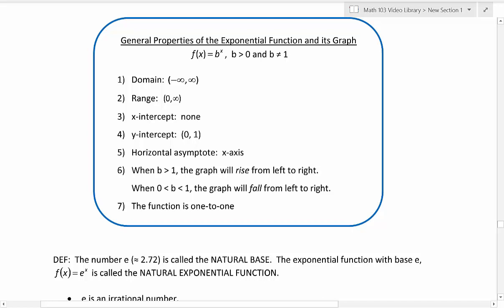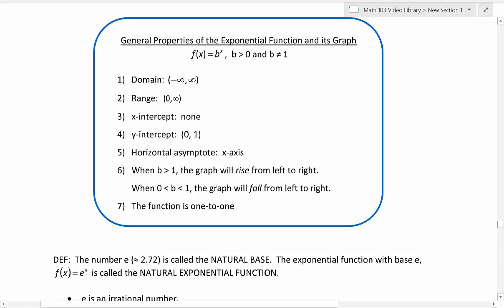The graphs of these exponential functions do not have an x-intercept. Since the range is only positive numbers and the x-intercept happens when y is equal to 0, this is never going to happen. In fact, there's a horizontal asymptote on the x-axis of these exponential functions.